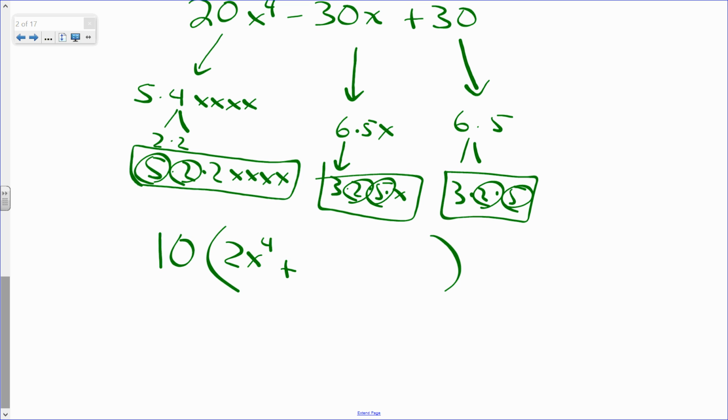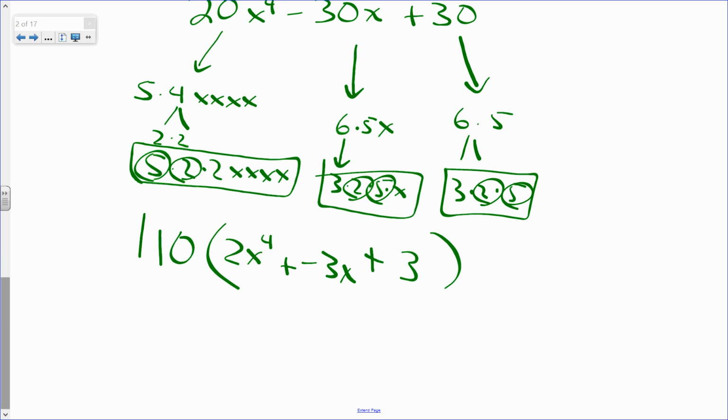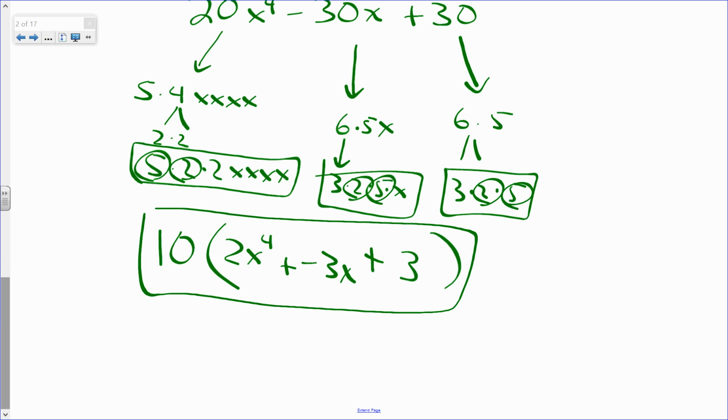So 10 times a negative 3x here. Be careful. Then 10 times what is going to be 30? Well, what's left over here is 3. There's your greatest common factor. It'll take practice.